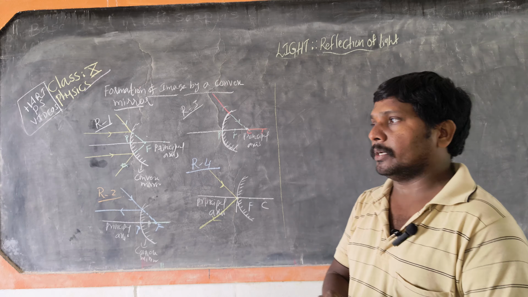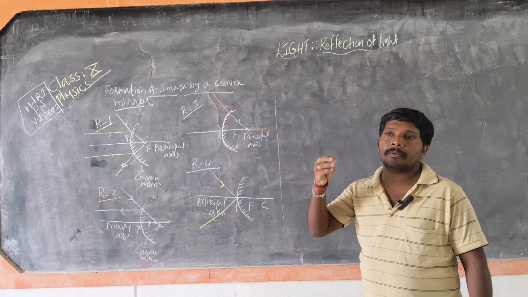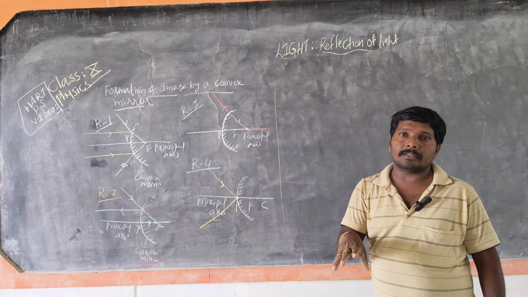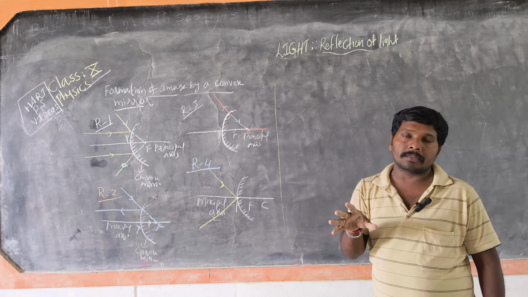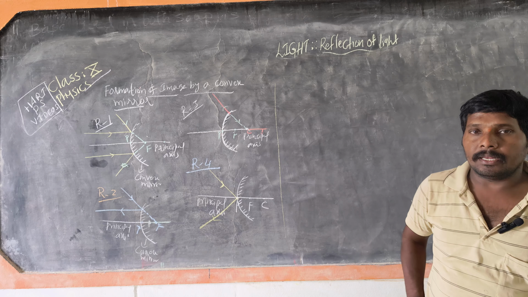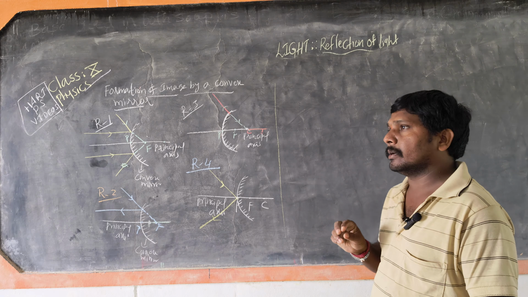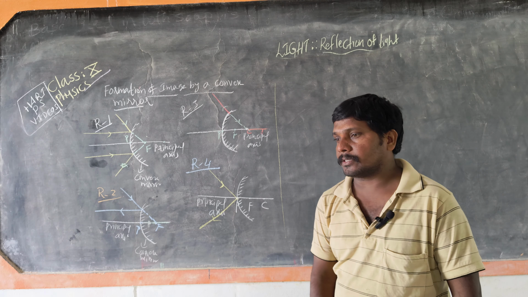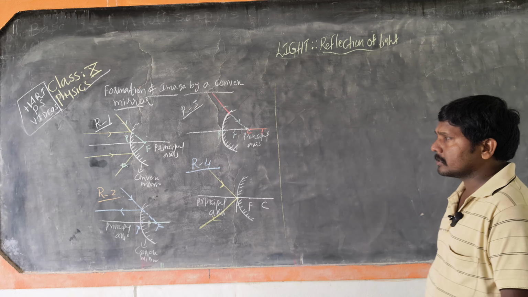Whether the object is at infinity, behind the center of curvature, between focus and center of curvature, at the center of curvature, between the pole and the focus, or at the focus, it always forms a virtual and erect image only.